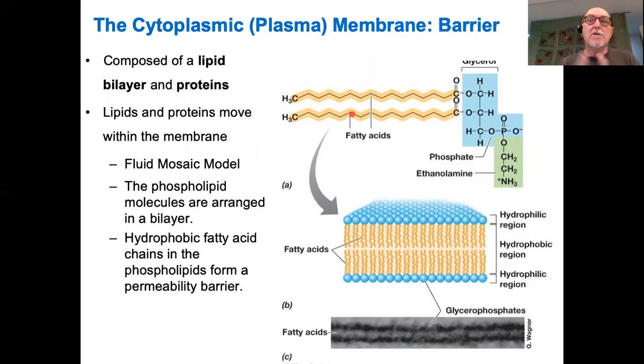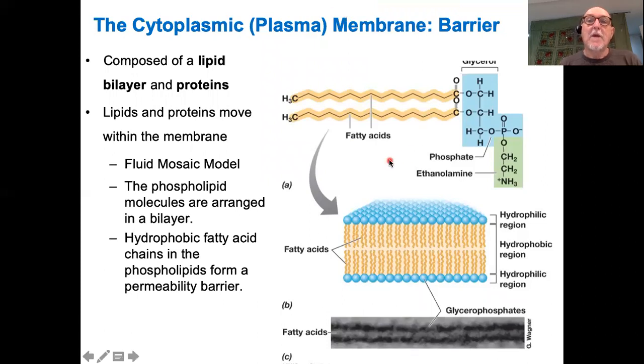You may occasionally see a bacterial cell which has extensions of the cell membrane into the cytoplasm. You may see that, for instance, in photosynthetic bacteria, but they are extensions of the cell membrane, they're not organelles. So let's have a look at the structure again of the cell membrane.